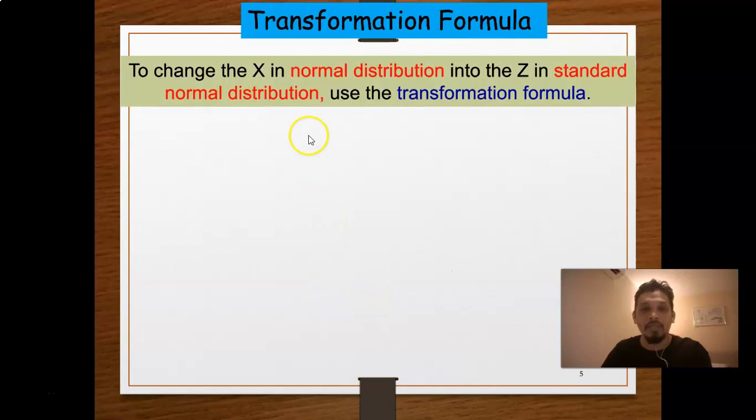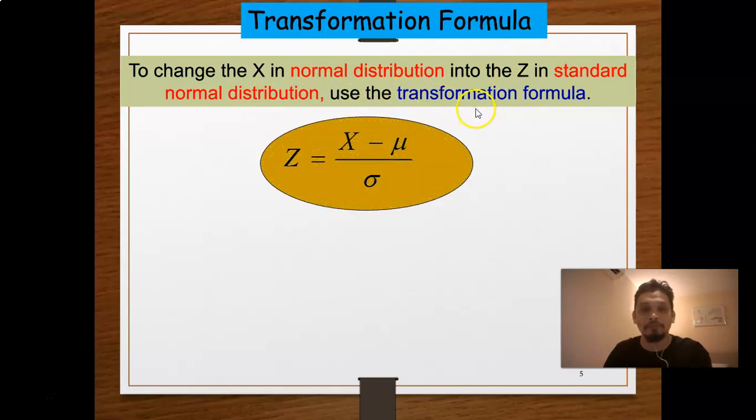To change X in the normal distribution into Z in the standard normal distribution, use the transformation formula. So from X normally distributed with parameters mean and variance, we turn into Z of the standard normal distribution.